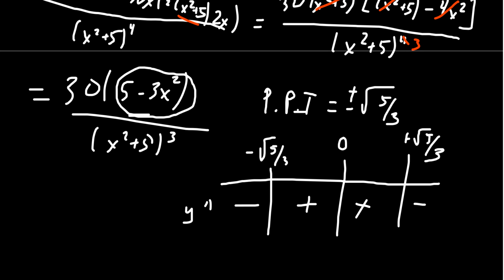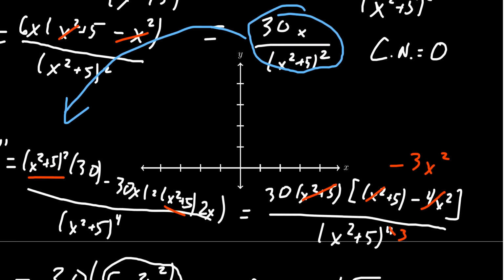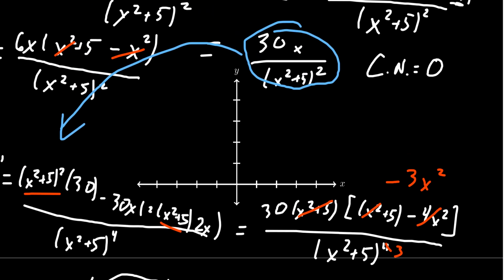So this tells us that we're going to have some type of minimum value at 0. It's concave down, then concave up. It's still up, and then concave down. And so let's try to put all this information back onto the graph that we had. If we plug x equals 0 into the original function, we're going to get 0. It was an x-intercept and a y-intercept.